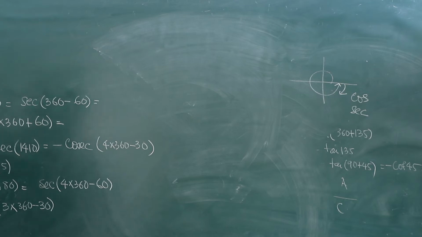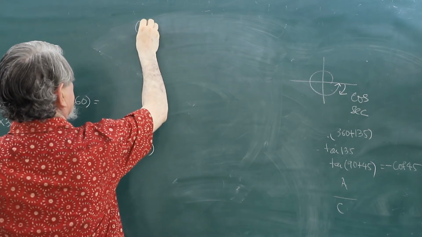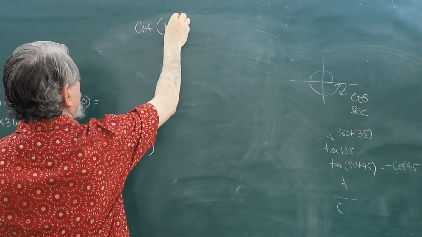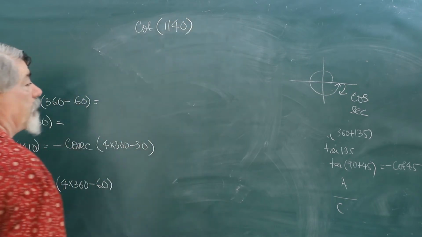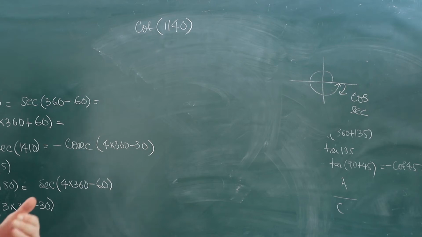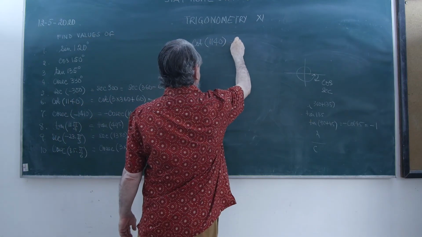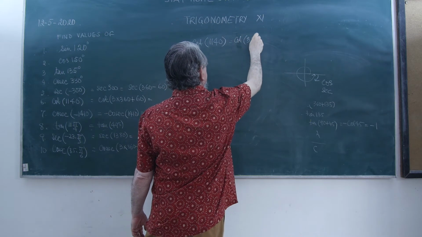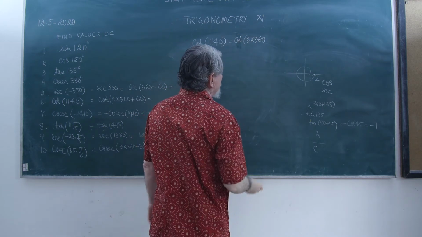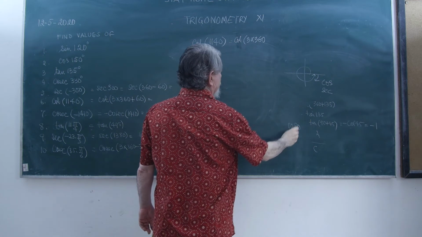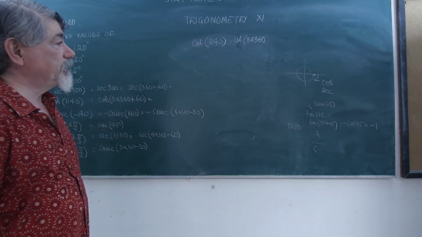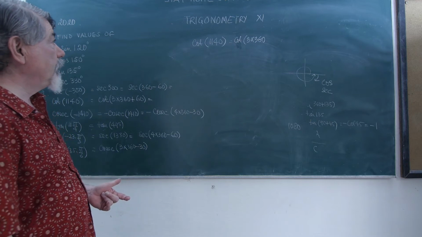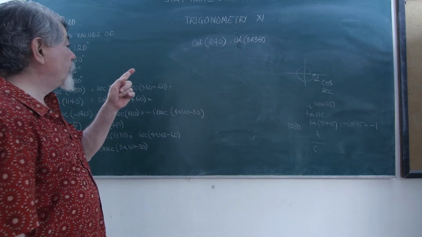For example, he has given cot 1140. Now you need to divide it by 360. You have got a calculator and you will be able to see which multiples we can use. Cot 1140 is cot 3 into 360. 3 into 360 is 1080. 3 sixes are 18, 3 threes are 9, 1080, and it was 1140.